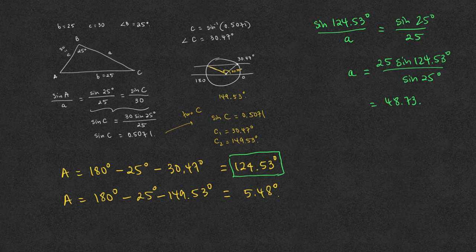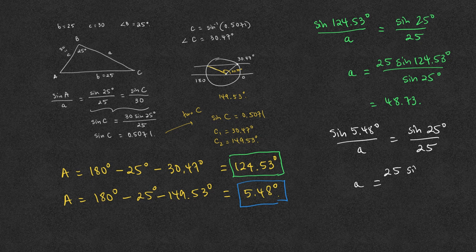Now, if we were to use 5.48 for the angle A, then sine of 5.48 degrees over a equals sine of 25 degrees over 25. We then isolate a and get a equals 25 times sine of 5.48 degrees over sine of 25 degrees.